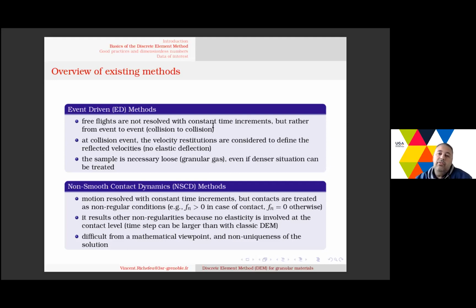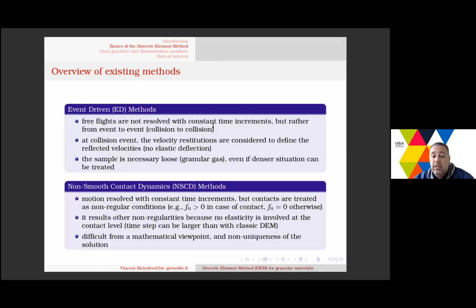Instead of saying we've got elasticity between two particles, we will say, for instance, that if we've got a contact, so if we have a very small overlap between two particles, the normal force will be something positive. And if we don't have contact, it will be 0. We are doing something similar for the friction force.